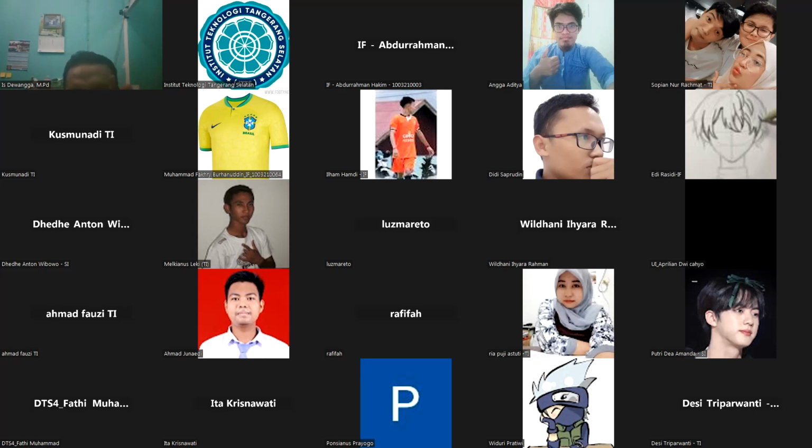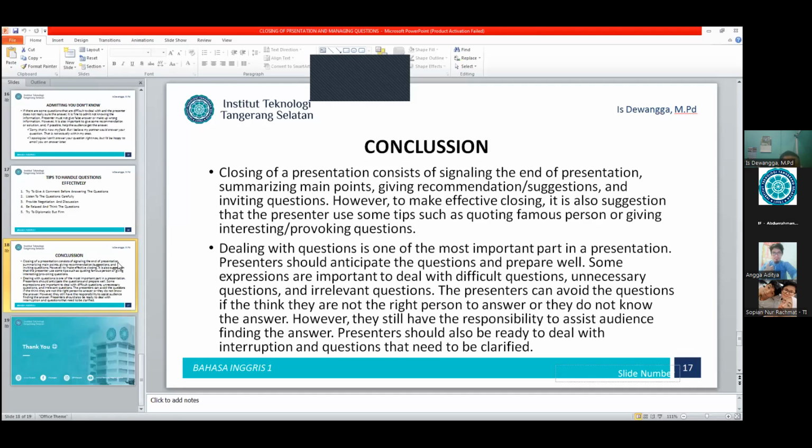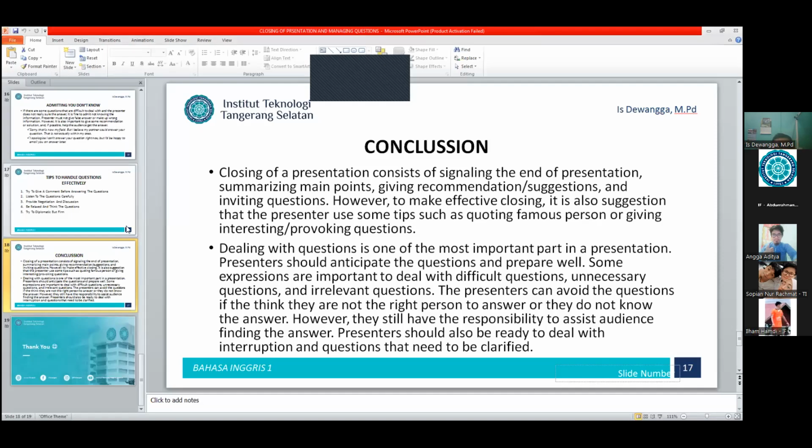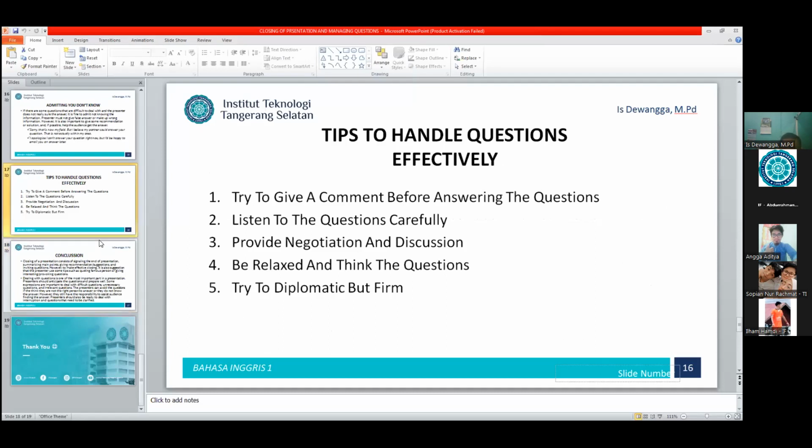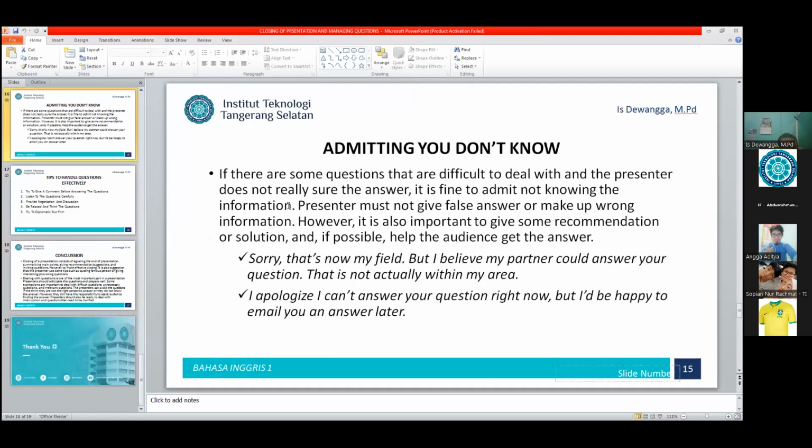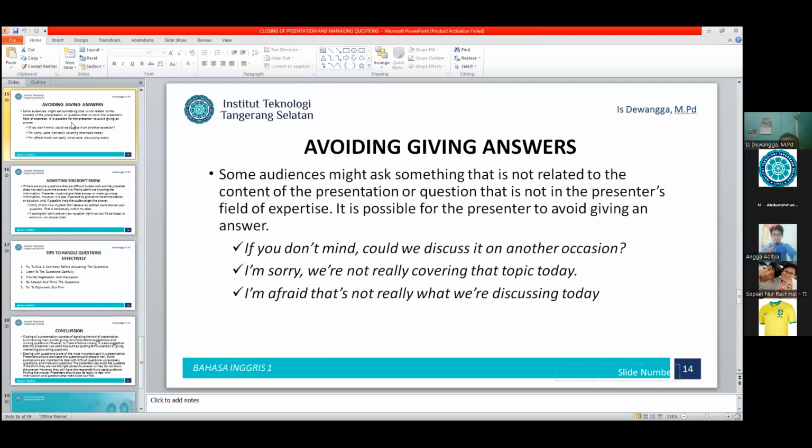How to avoid giving answers to a question that is not related, politely. Okay. We may open the screen. Let's see. Maybe tadi Mas Fahri kelewat kali ya? This one. Can you see that?